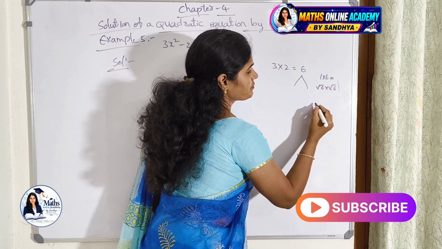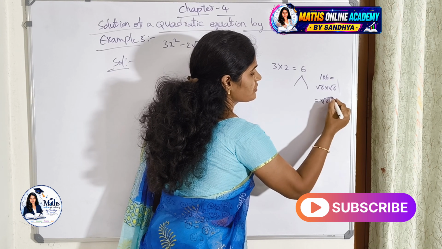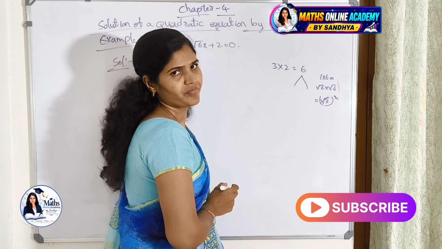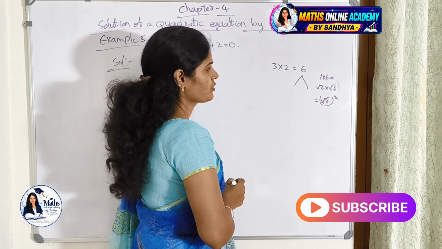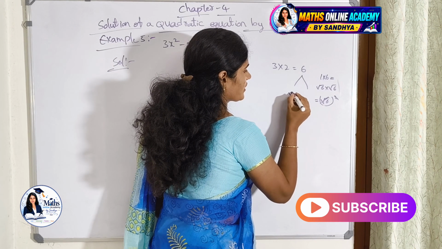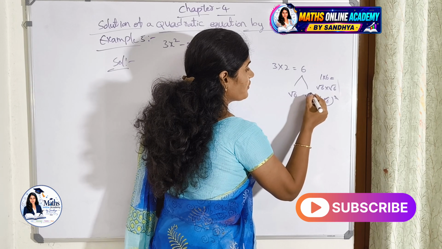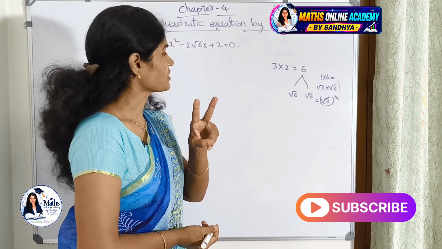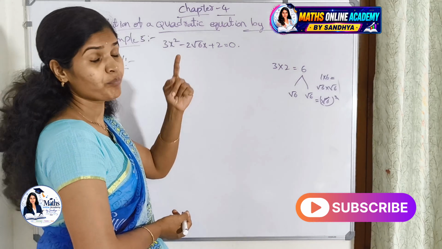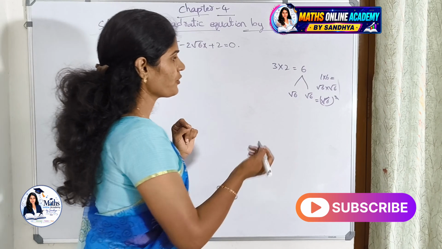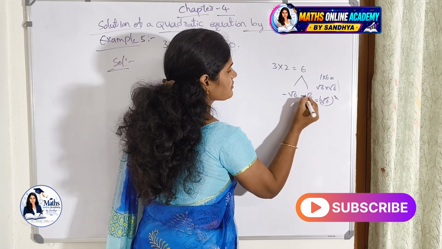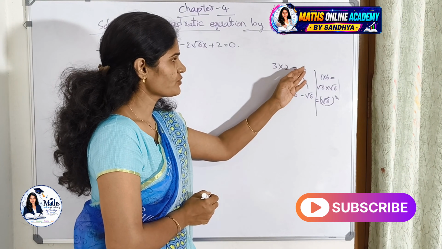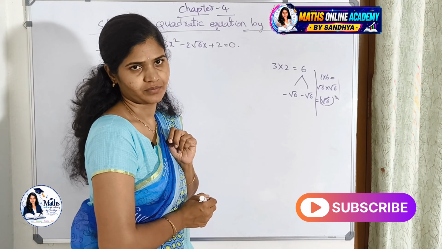What do you get? Root 6 whole square, na? Square and root cancel, again you get 6. Okay, root 6 is okay. One is clarified. And we want, if you add root 6 plus root 6 means 2 root 6. And we want here minus 2 root 6. So take here minus minus. Okay, got it? For the value 6 we are taking root 6 and root 6.